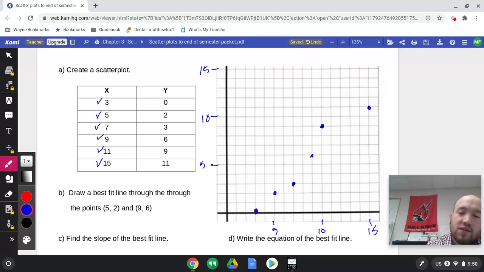All right, so as you can see, it's not perfect, but generally if we trace this, it is linear. It's a line with a positive correlation.